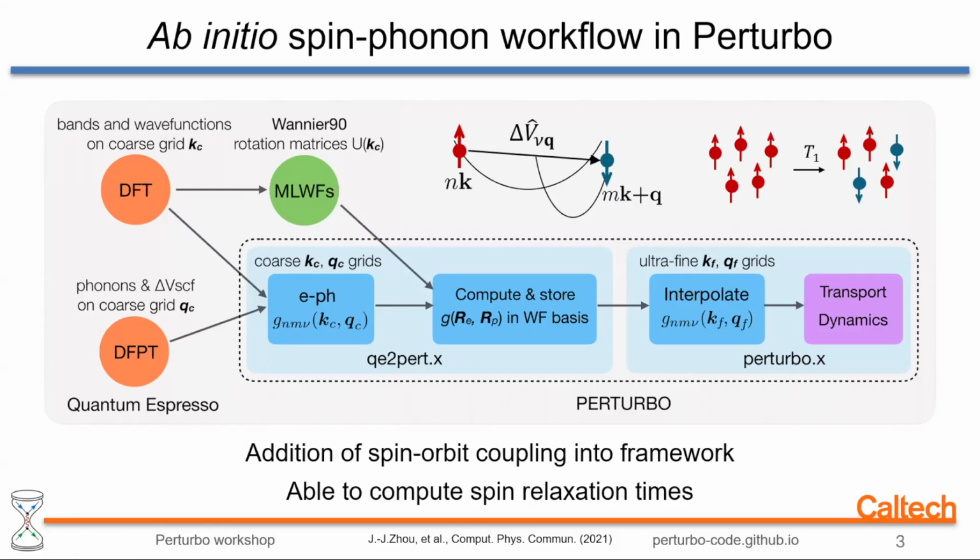We can add spin-orbit coupling into this framework by using fully relativistic pseudopotentials for our DFT and DFPT steps, as well as specifying spinor-related variables in our Wannier90 step. By using routines within Perturbo, we can then compute spin relaxation times, and we'll learn how to do that today in the hands-on session.